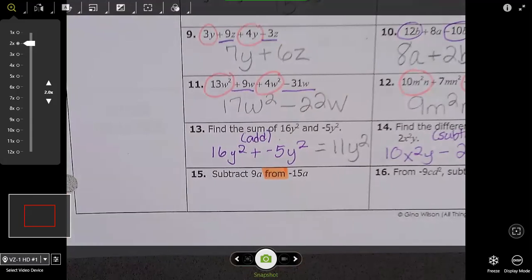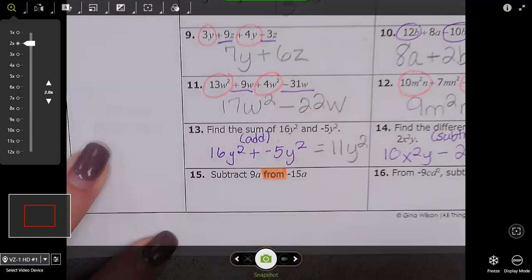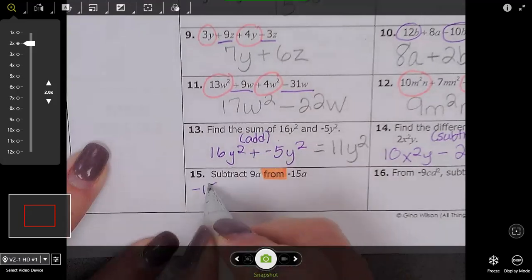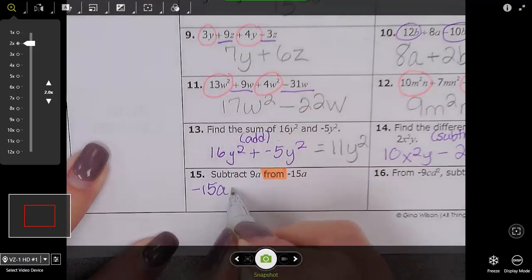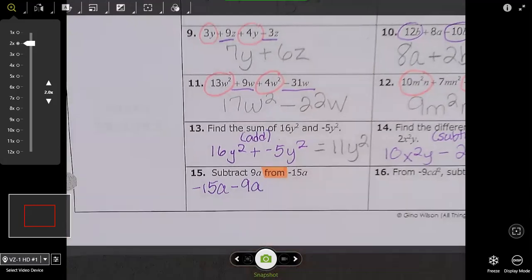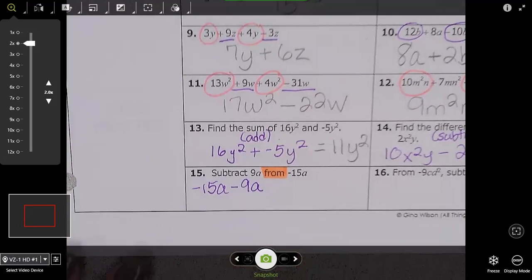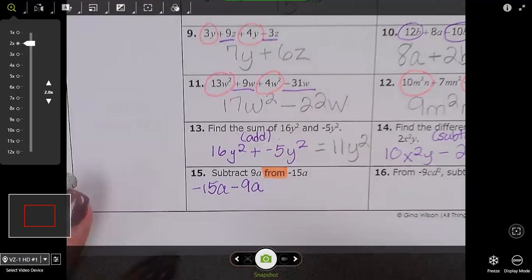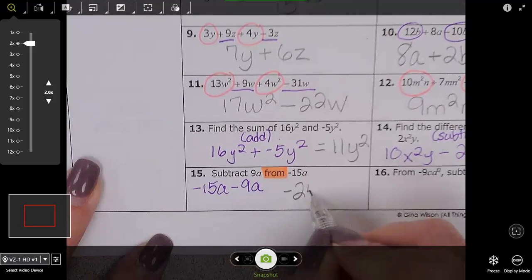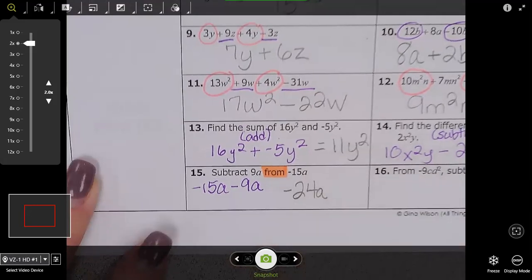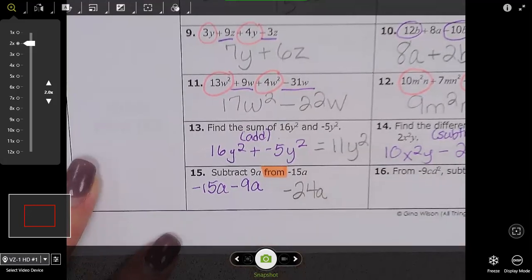That means that 15a, or negative 15a, is going to go first. It means we're switching the order. So when we subtract from, we're going to switch the order. So what is negative 15 minus 9? Okay, negative 24a. We do nothing to the variable and the exponent.